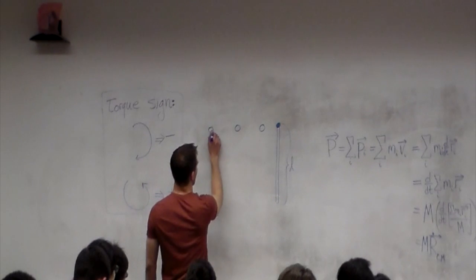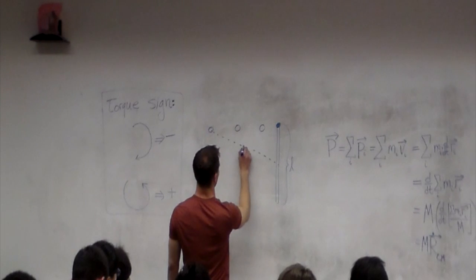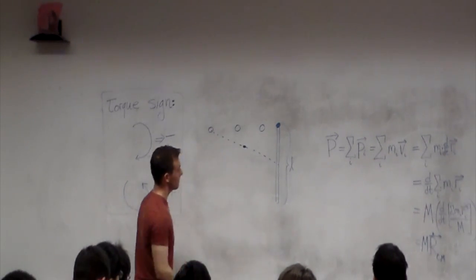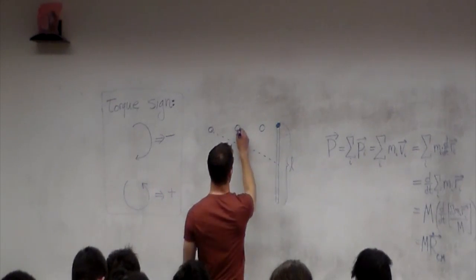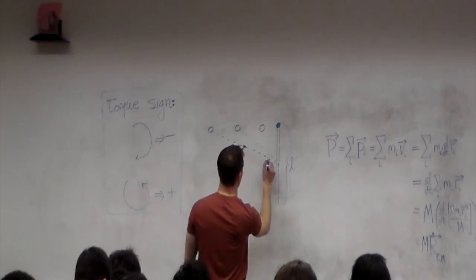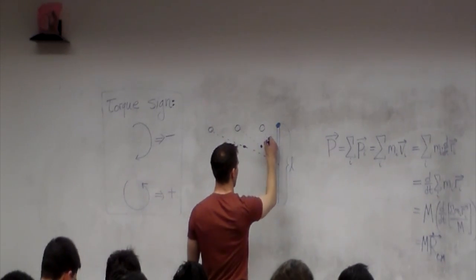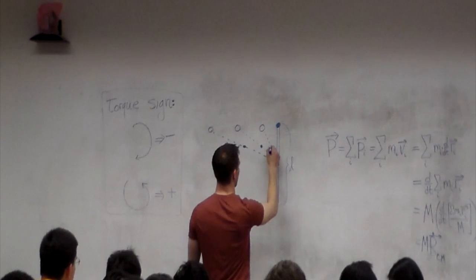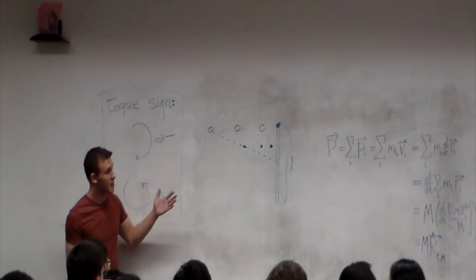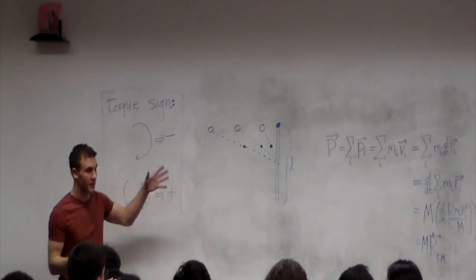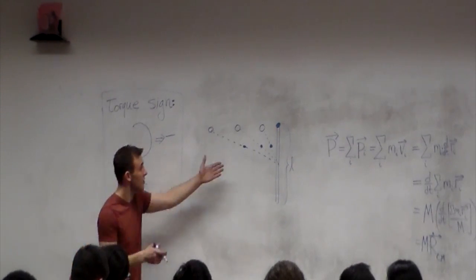So in this case, the center of mass will be right about here. In this case, right about here. In this case, right about here. Good. We thought initially that the initial momentum was moving purely horizontally, in the x direction, and it turns out it is.